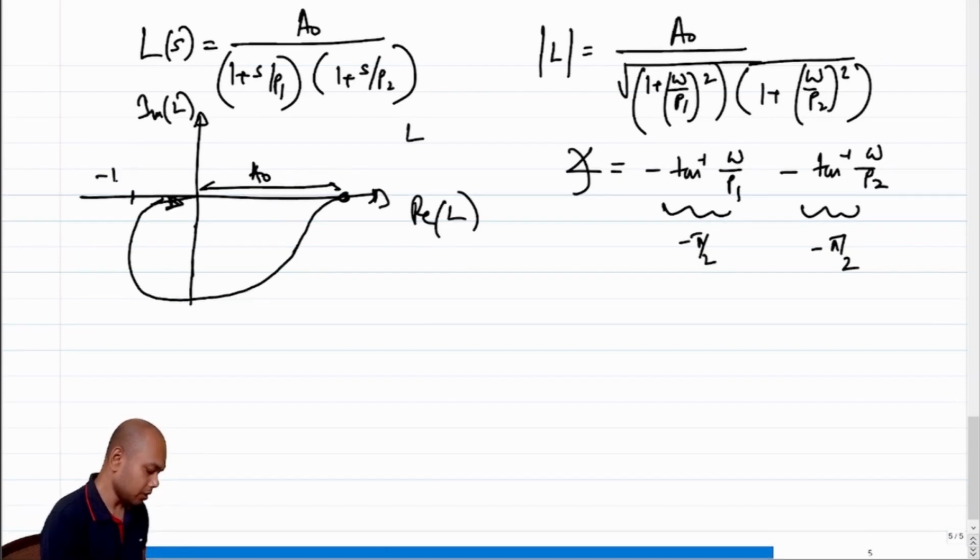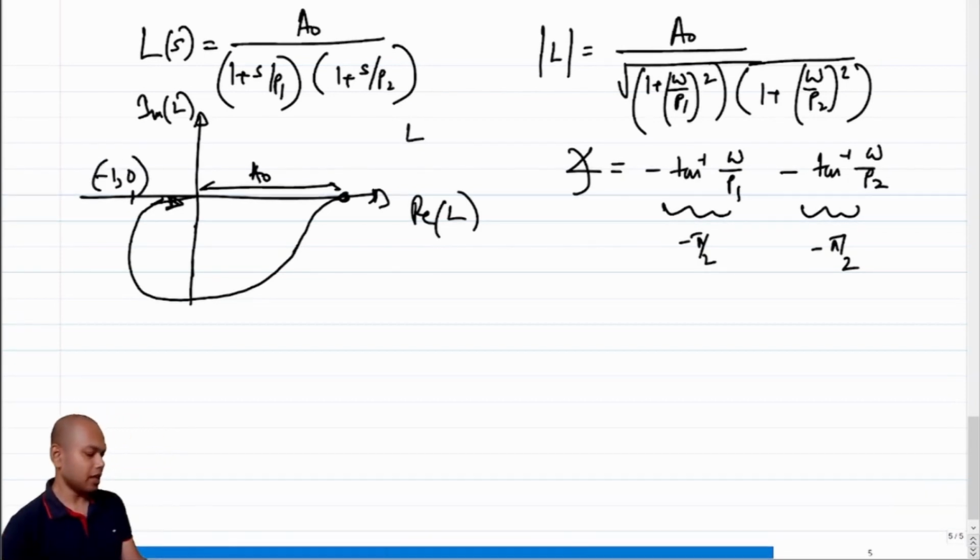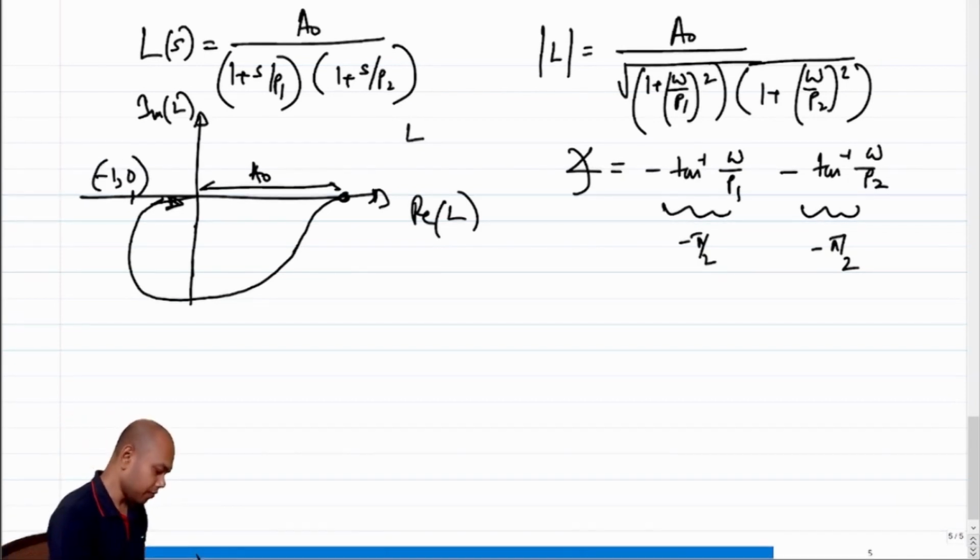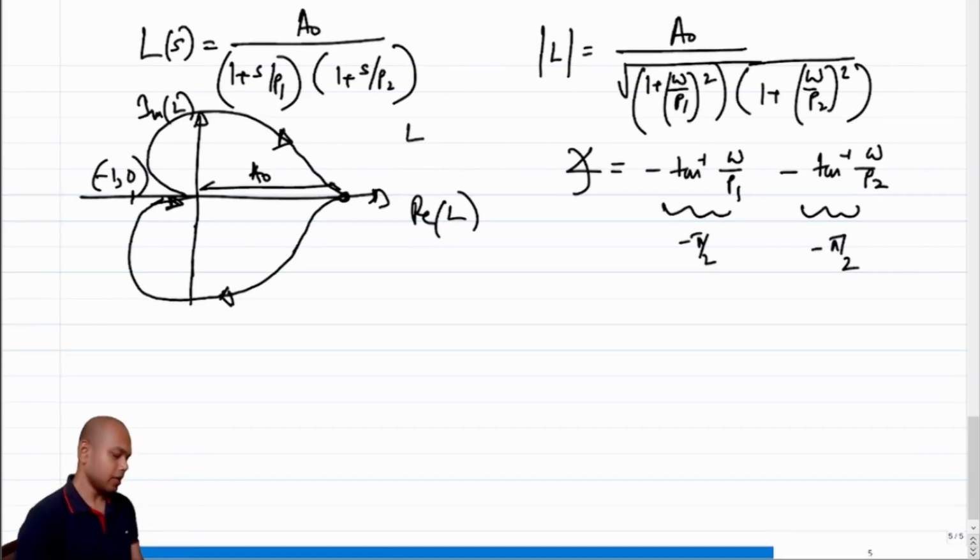And if we have the minus 1, 0 point here, you can see that we are getting closer to trouble. We are still not encircling, but we are getting closer and closer to trouble.